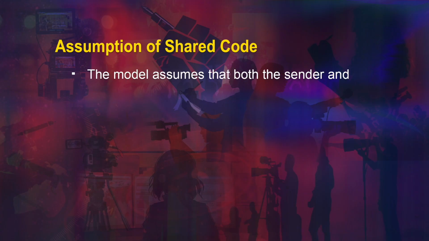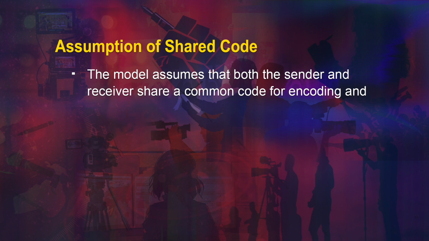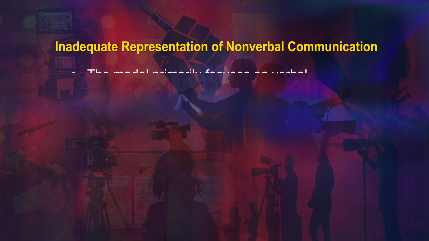Assumption of a shared code. The model assumes that both the sender and receiver share a common code for encoding and decoding messages. In reality, individuals may have different interpretations of symbols, words, and gestures based on their unique backgrounds and experiences. Inadequate representation of nonverbal communication.